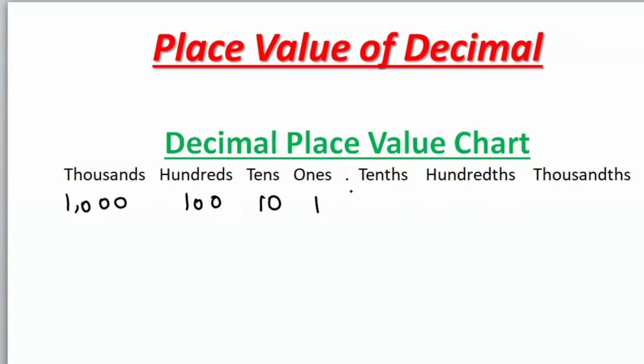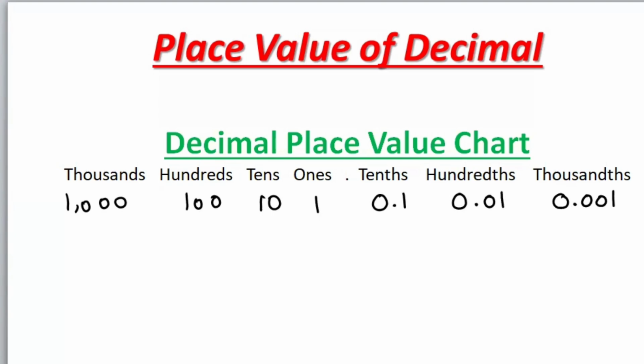And after the point, this is tenth. So how will we write? We will write 0.1, and hundredth it will be 0.01, and thousandth it will be 0.001. After thousandths, it will be ten-thousandths, 0.0001, then hundred-thousandths, then millionths.